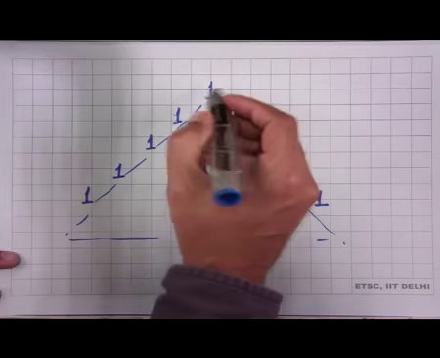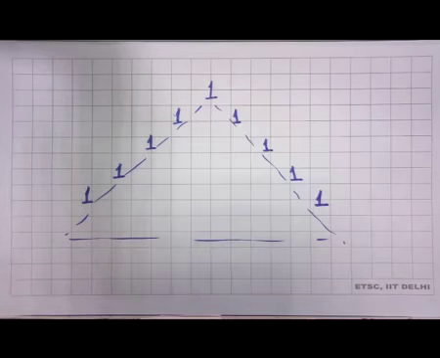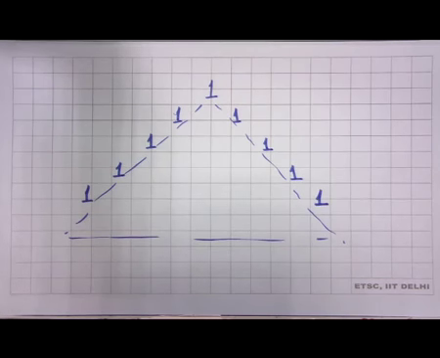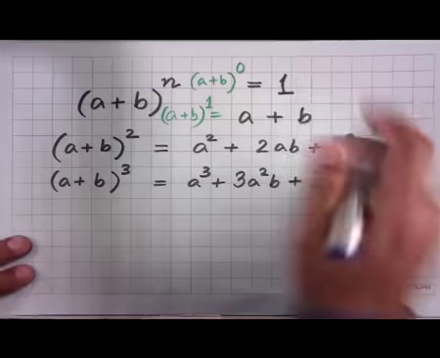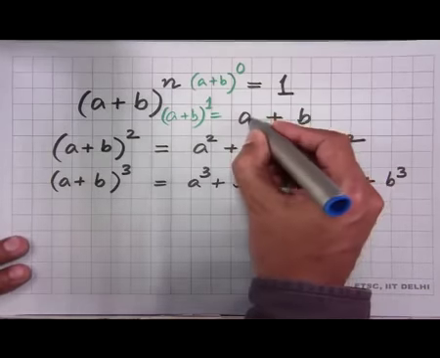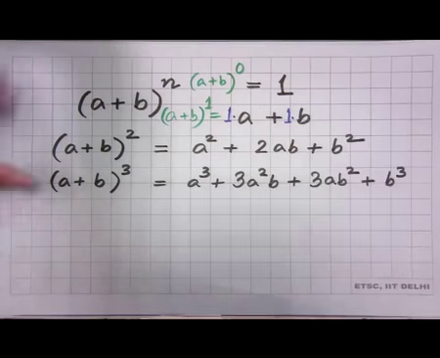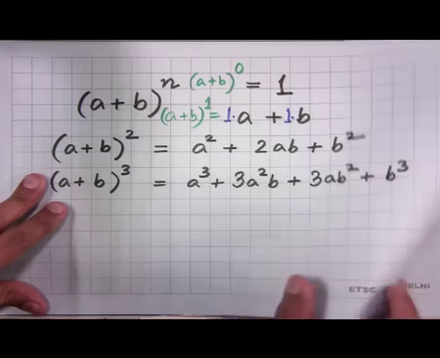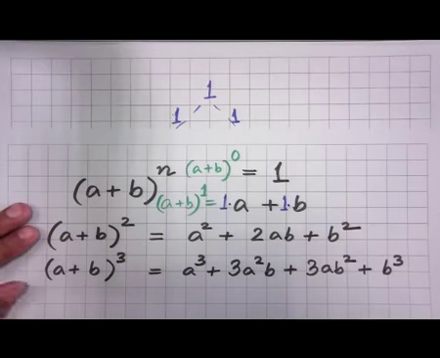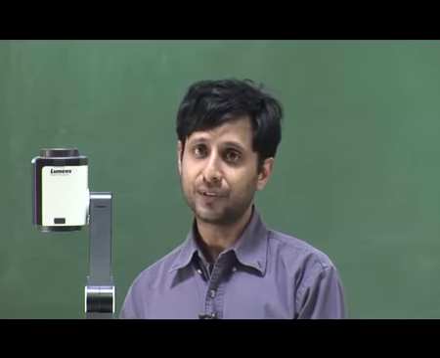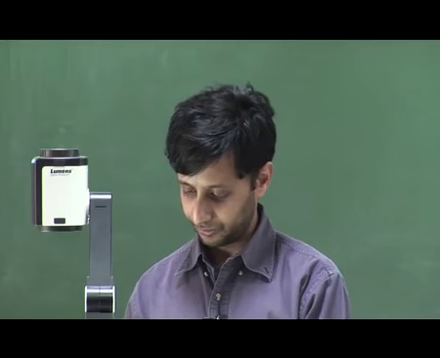Now, you start with 1, this is a plus b whole power 0, and then a plus b whole power 1 has 1 times a plus 1 times b, right. So, that is your second answer. So, the Pascal's triangle is going to give you the coefficients of each of these individual terms.